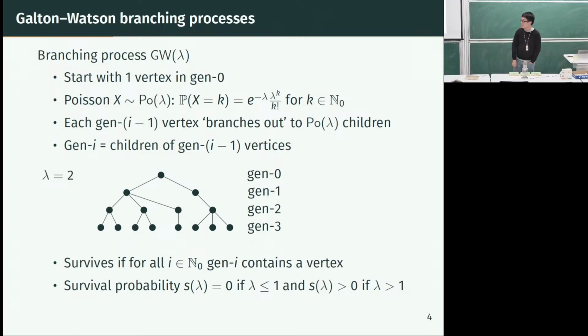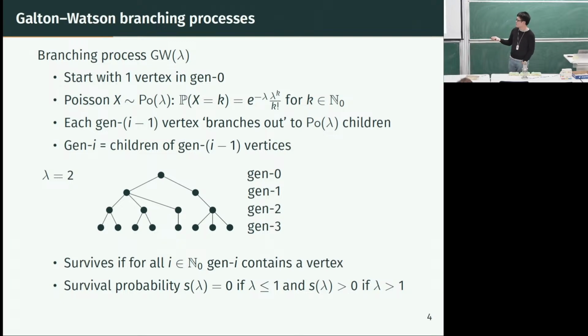And one key property of this process, which will come back to matter in this Erdős–Rényi random graph giant component thing, is that we know the survival probabilities, we can understand a little bit about them. In particular, if this lambda is at most 1, then the probability of this branching process surviving is always 0, because you can imagine if you have, on average, at most 1 child, then things might slowly die out, and eventually every branch dies out.